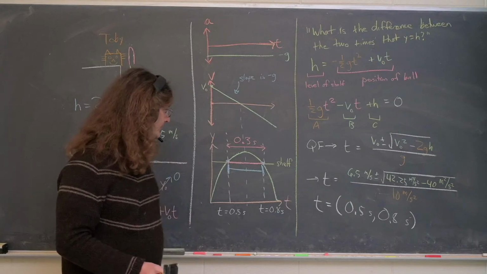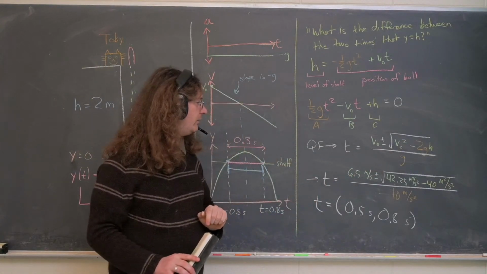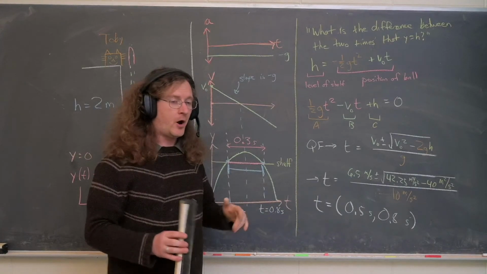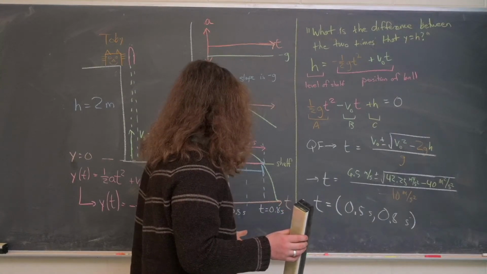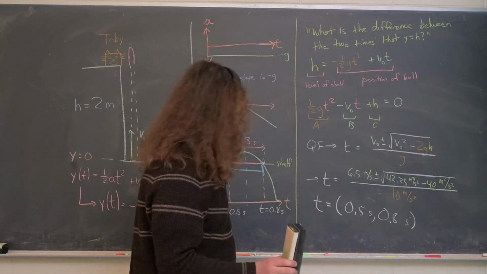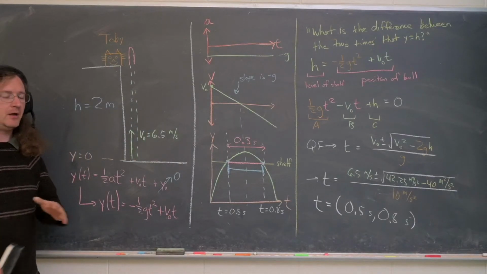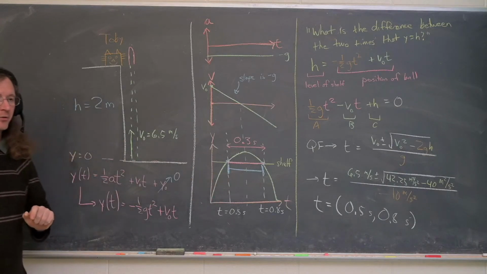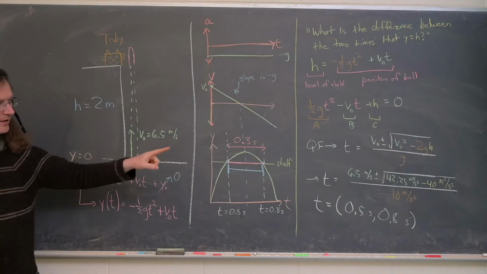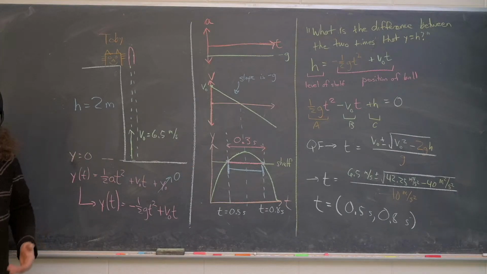Now, the last part of the problem asked you to imagine that Toby's mom didn't throw the ball quite as hard. But since I've done this entirely with variables, this is exactly the same, I just have a different initial velocity. So what I'm going to do is step back and let everybody take a look at this, but I'm going to erase the graph because that will change, and I'm going to erase the thing with the numbers and just put in different numbers.